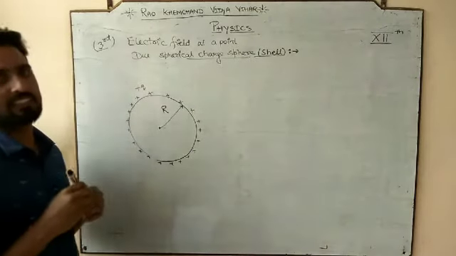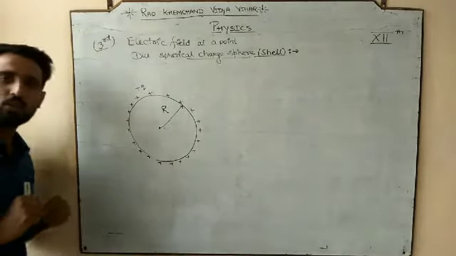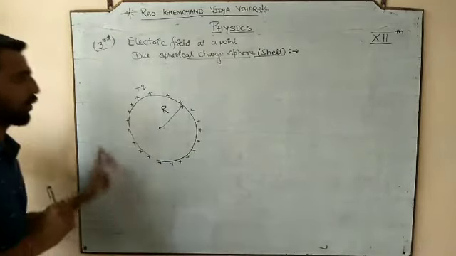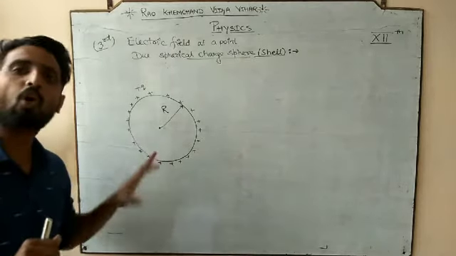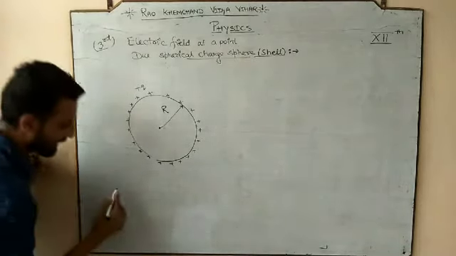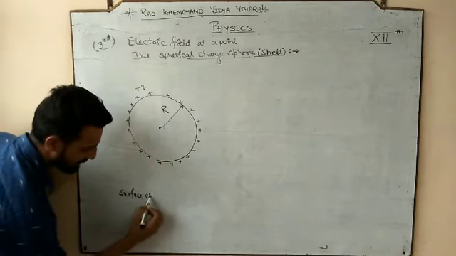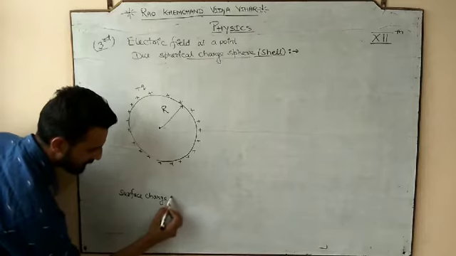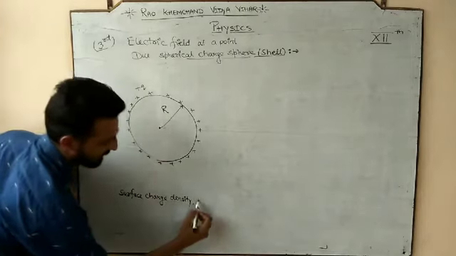So the Q amount of charge given to the spherical shell is distributed all over the surface. So there is going to be a surface charge density.